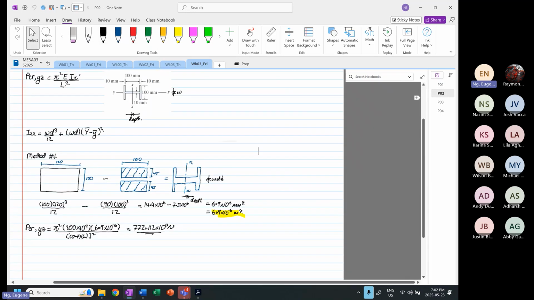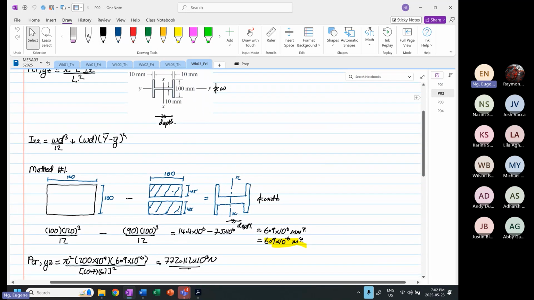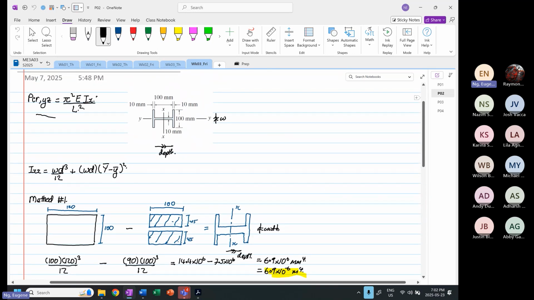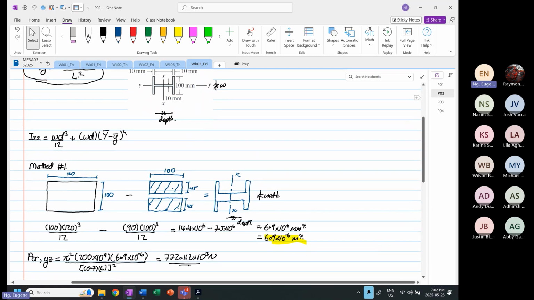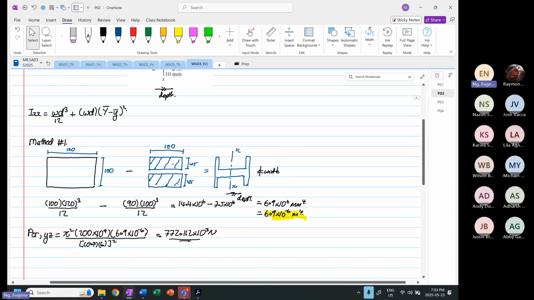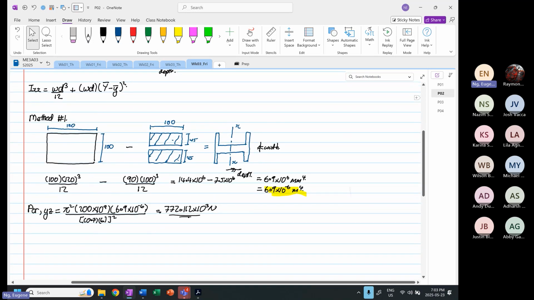Before we determine our PCR, this is the critical load formula. And then I showed you two methods of determining the second moment of area. After we have determined the second moment of area, we have our PCR.